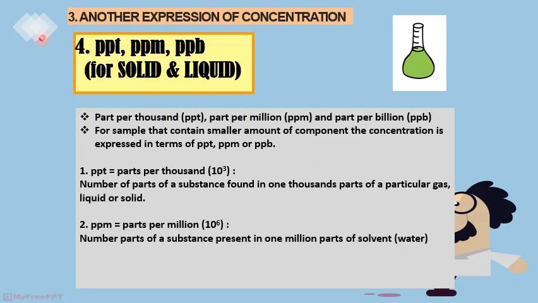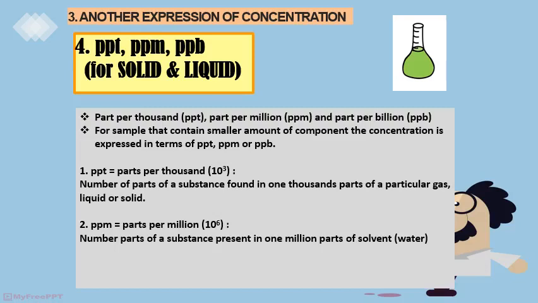So when to use this expression of concentration, ppt, ppm and ppb? Usually we use this unit when the amount of solute is so small compared to the amount of the solution or the sample.